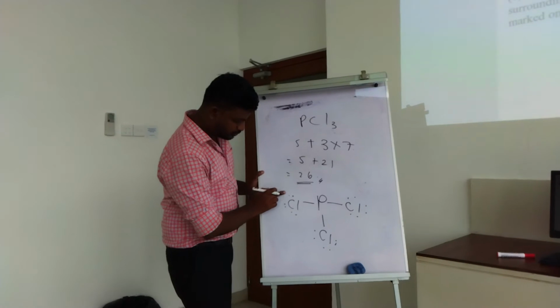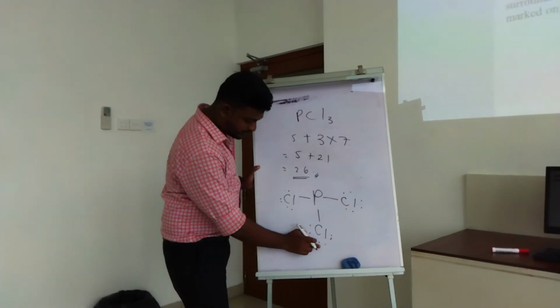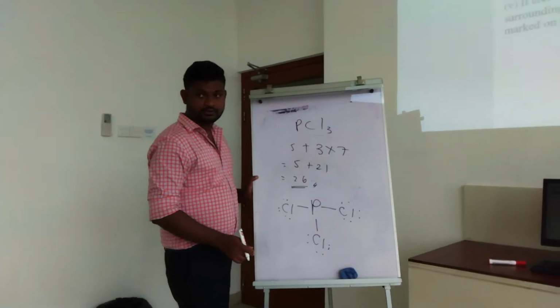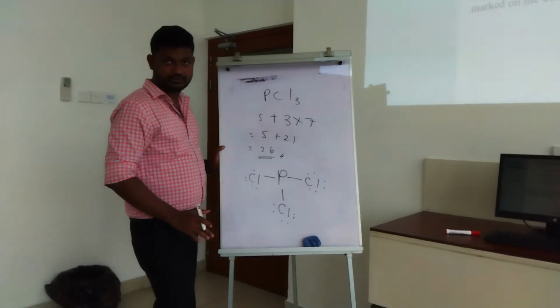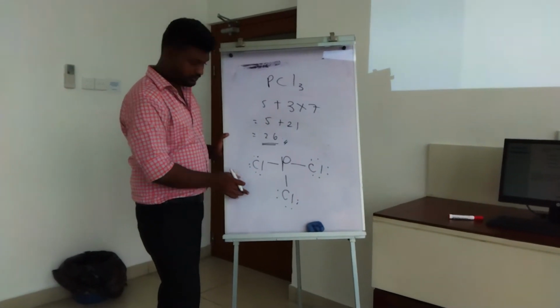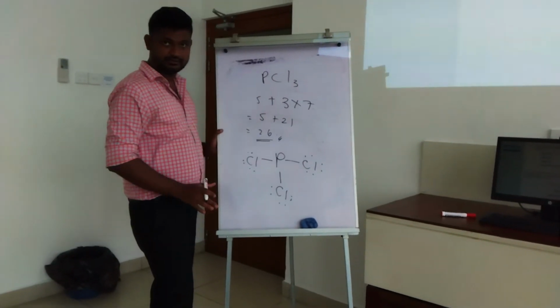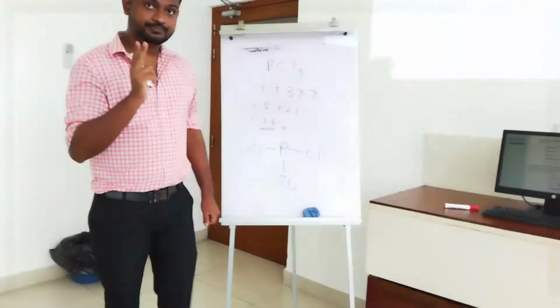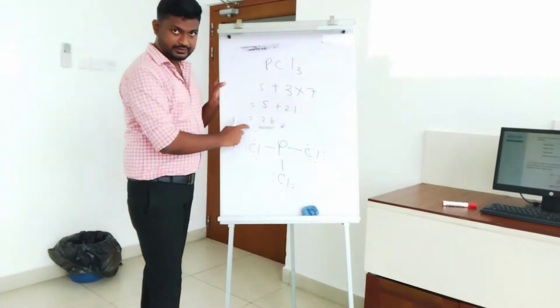Okay, now 2, 4, 6, 8, 10, 12, 14, 16, 18. So 18 electrons are distributed. Now this completes its octet rule, right? So 8 electrons are there, more than that you can't put. So now 2 electrons remain. Altogether 26.